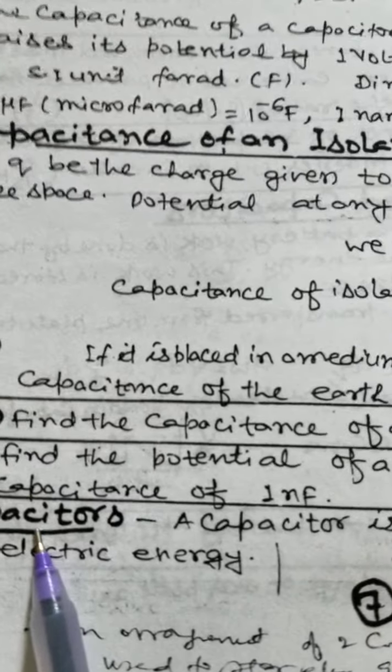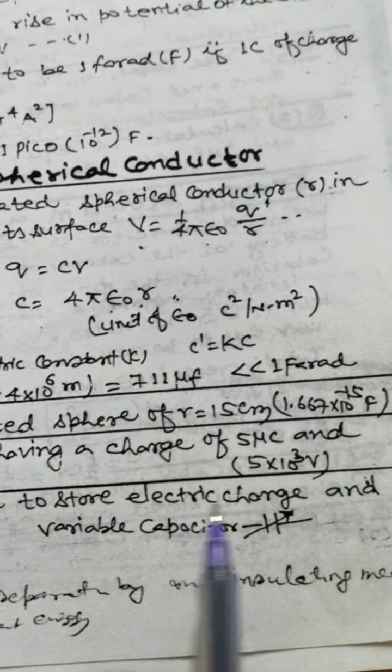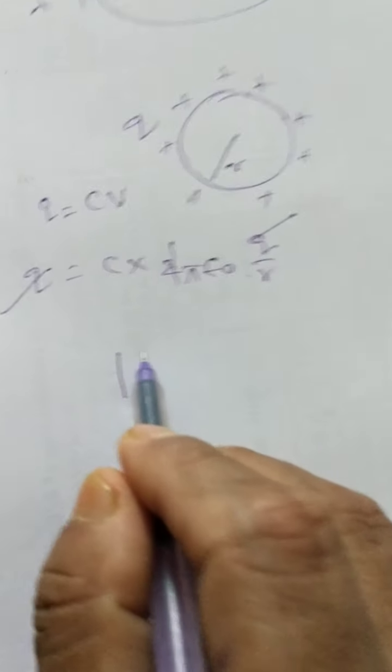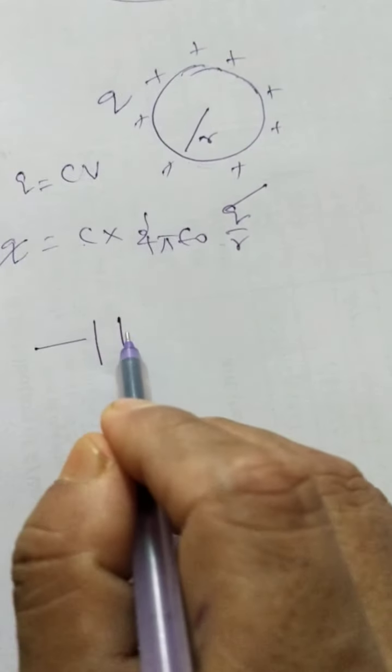But sir, the next topic is the capacitor. A capacitor is a device to store electric charge and hence electrical energy. Here, in place of a single conductor, I am using two.